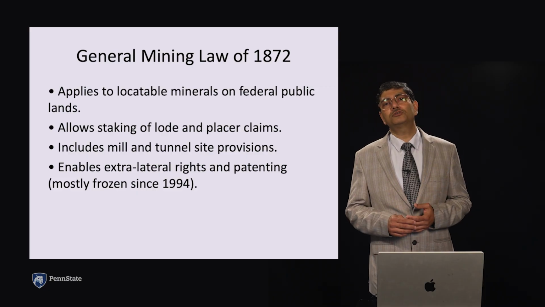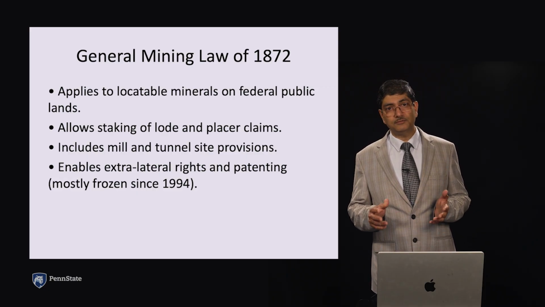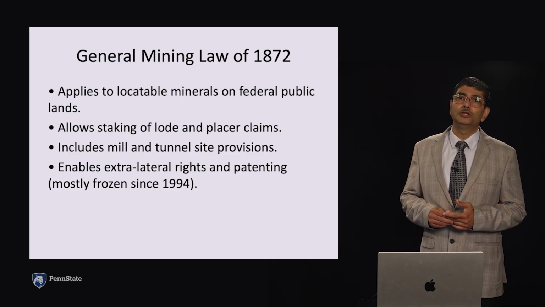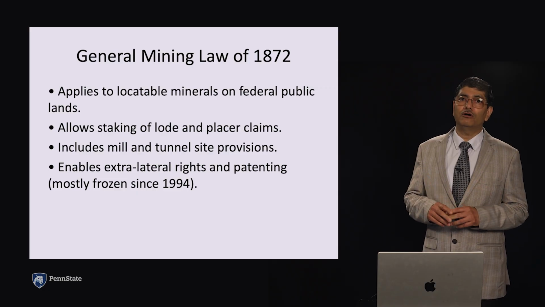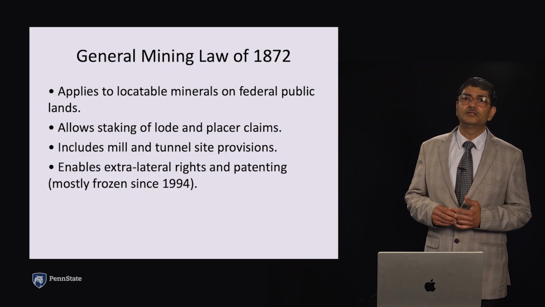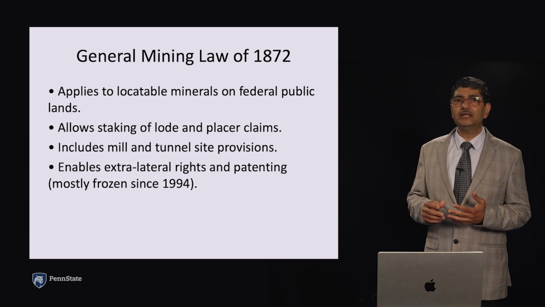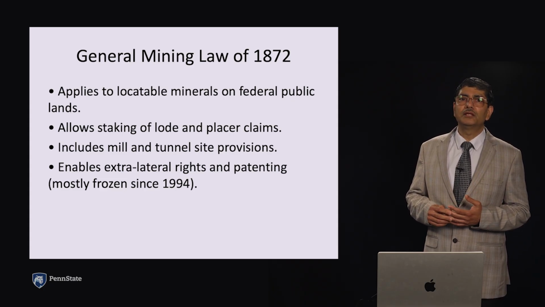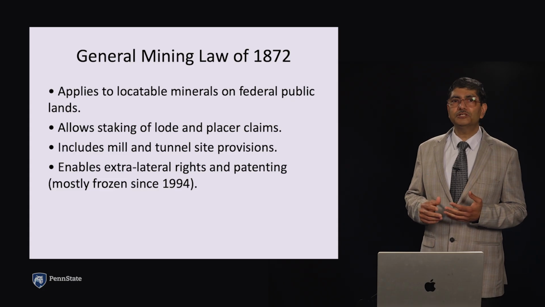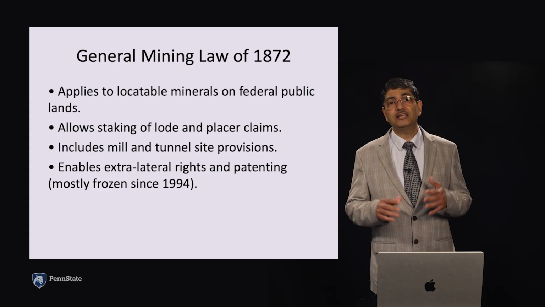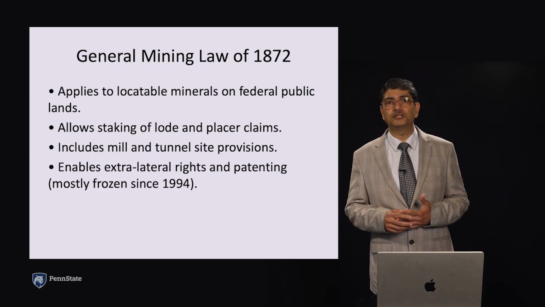Now we talk about the General Mining Law of 1872, which applies to locatable minerals on federal public lands. It allows staking of lode and placer claims. This includes mill and tunnel site provisions. It enables extralateral rights and patenting.